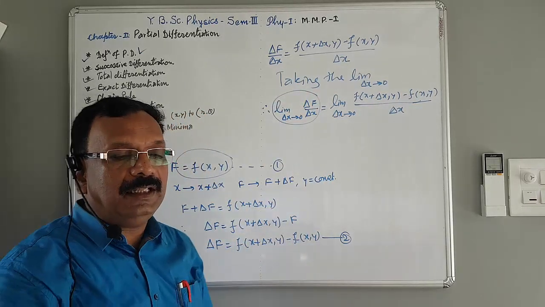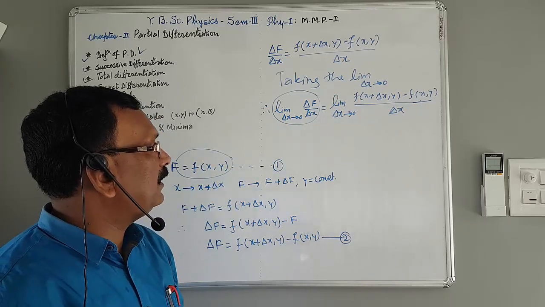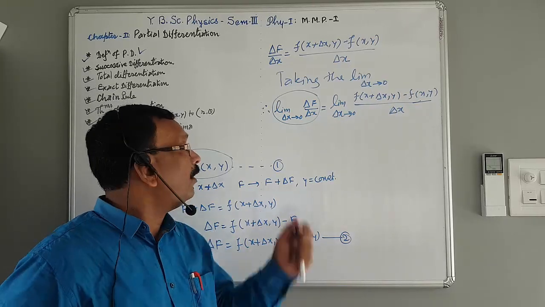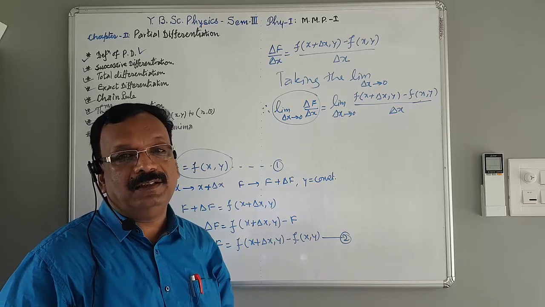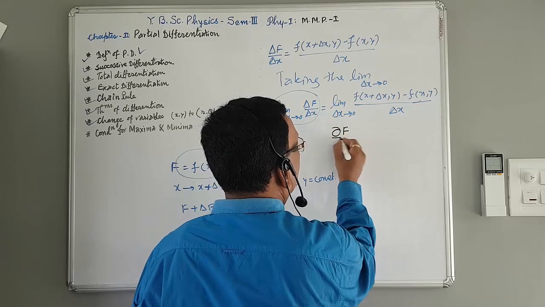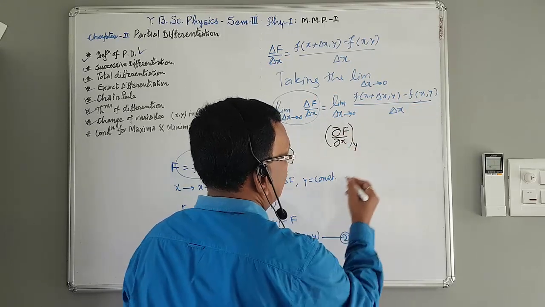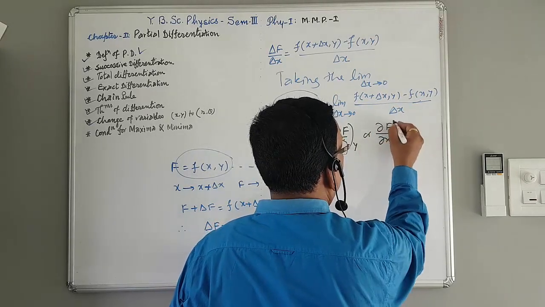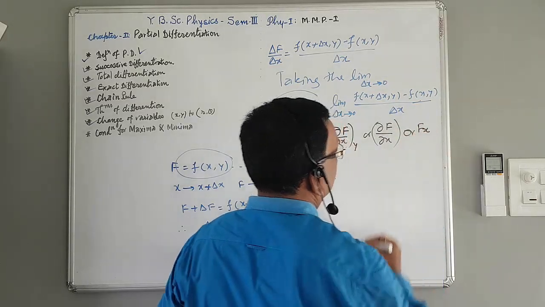This term is called the partial derivative, or the quantity limit delta x tends to 0 of delta f by delta x is called the partial derivative of function f with respect to x keeping y constant, and this is denoted by curly d f by curly d x keeping y constant, or simply del f by del x or f x.